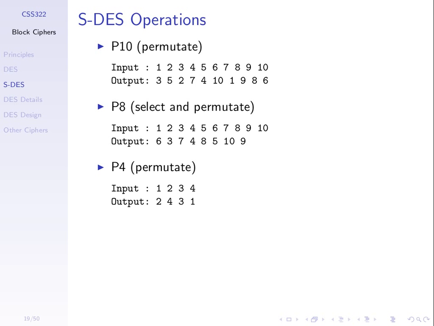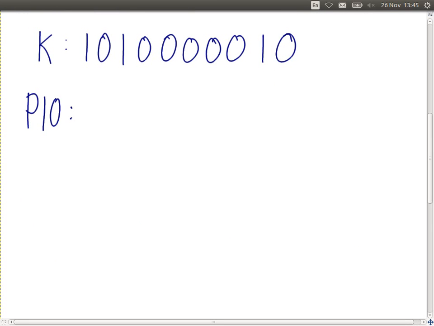Okay, so let's do that permutation P10 where the 3rd bit will become the 1st bit and so on. You do it and just check that it makes sense. And I'll write it down just so it's clear in this instance, not for all the others.